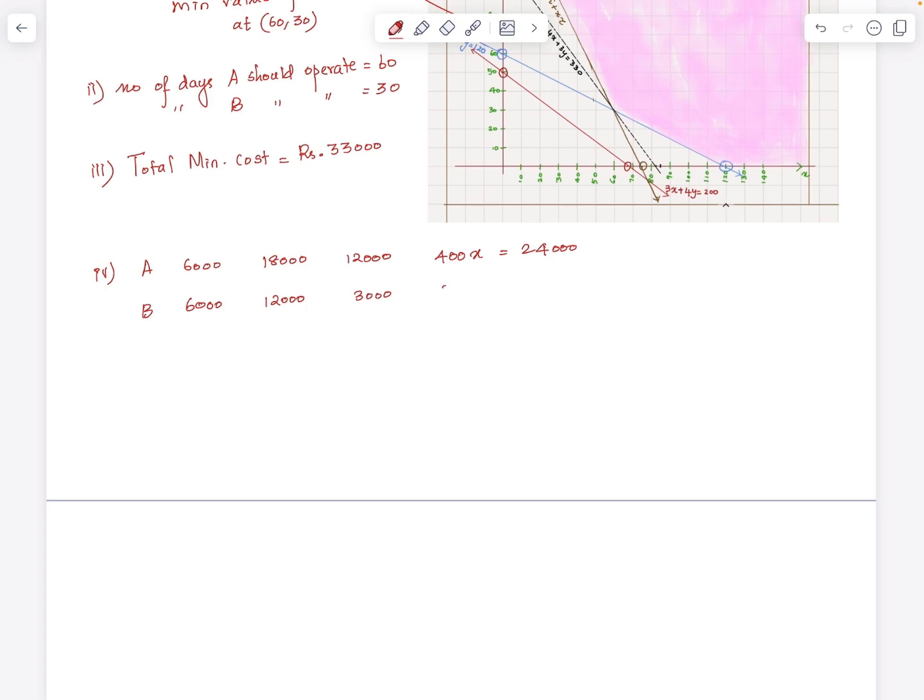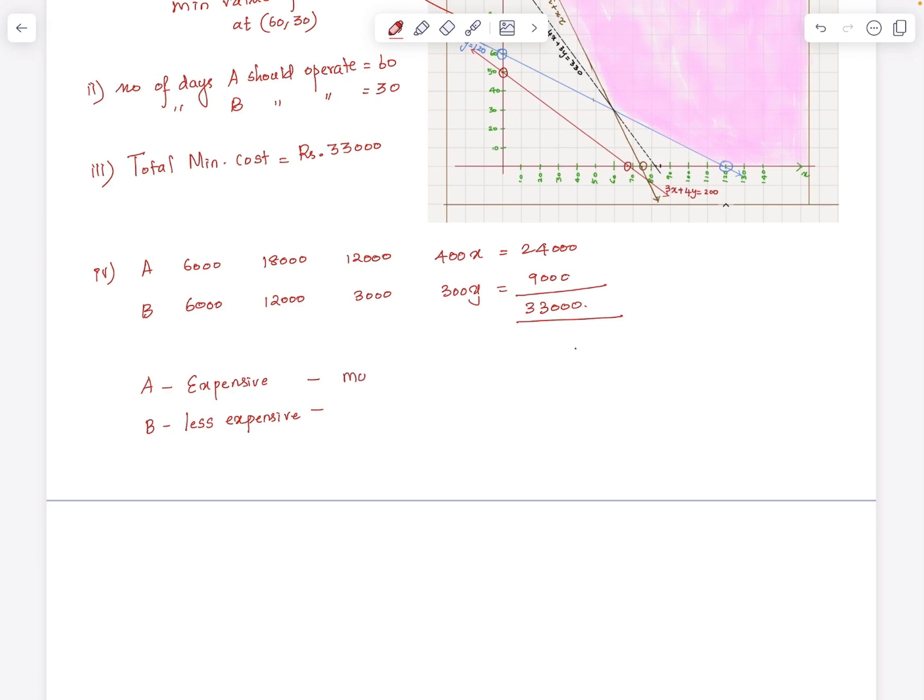The operation cost is 300Y, so we get 9,000. From this, we will try to understand which is efficient in what. Refinery A seems to be expensive because the total operating cost is 24,000. B is less expensive since the total operating cost is only 9,000.